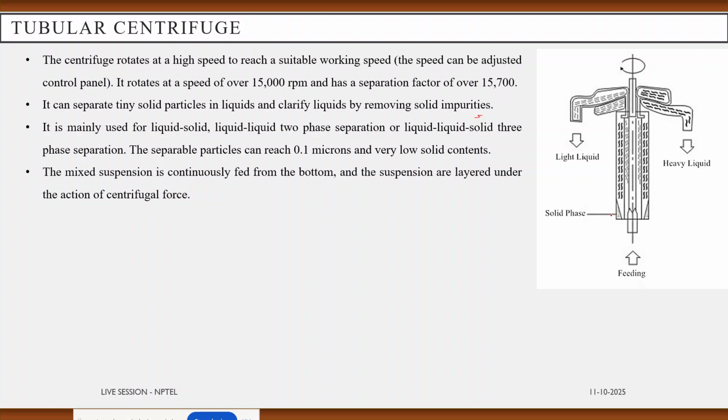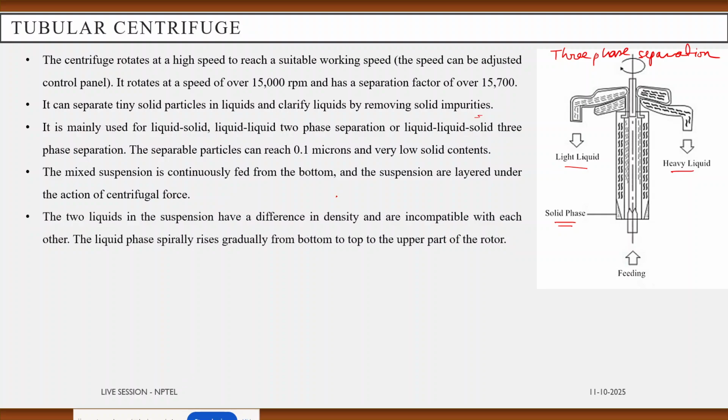This centrifuge is also rotating in such a way, and there is effective separation between the liquid and the solid phase based on the density difference. So this is also three phase separation. The two liquids in the suspension have a difference in their densities, and they are incompatible with each other.